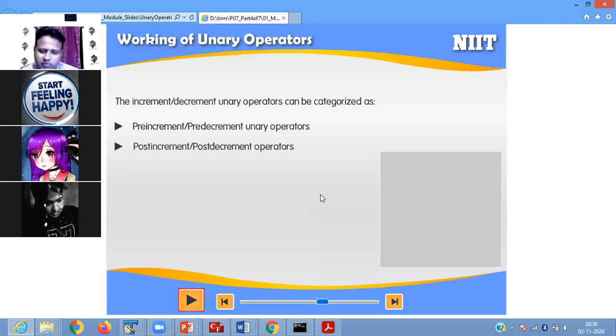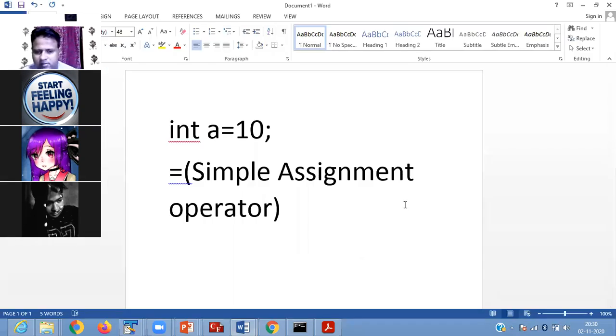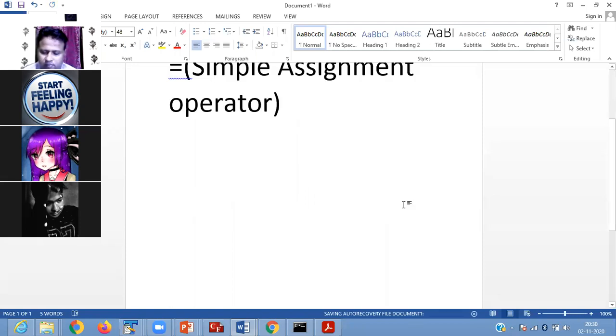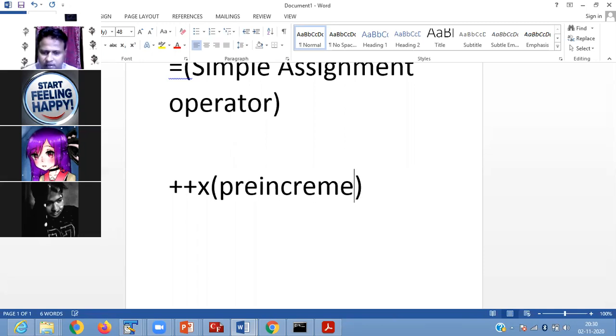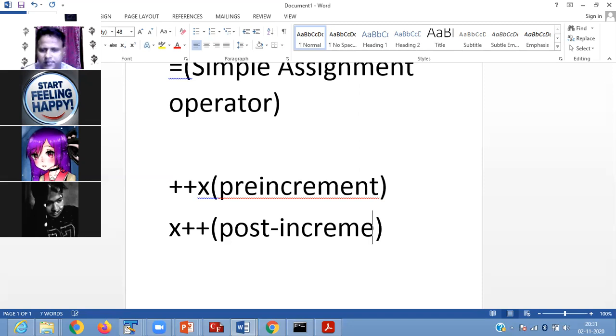Post-increment means if you write x plus plus, that is called post-increment. This pre-increment and post-increment operator we are using.